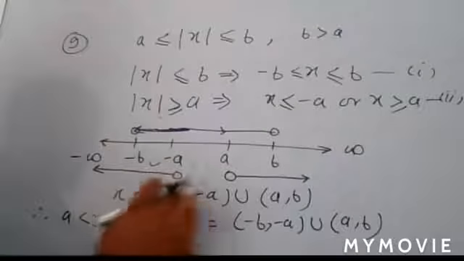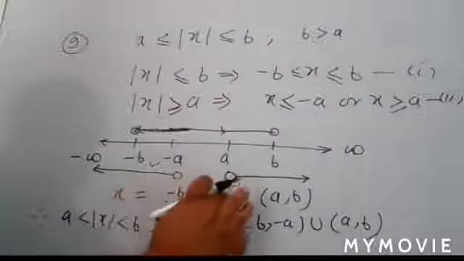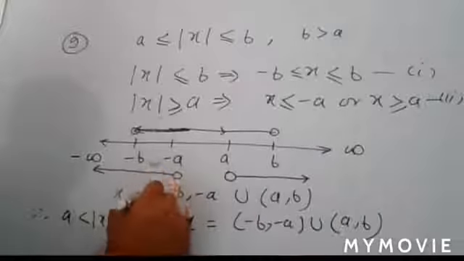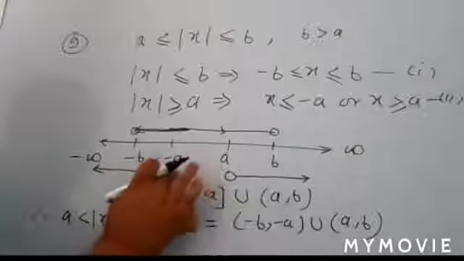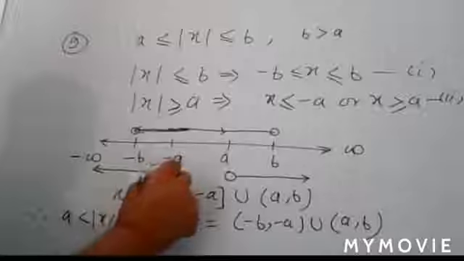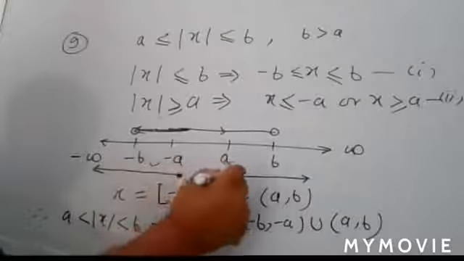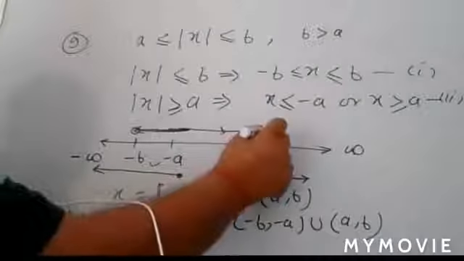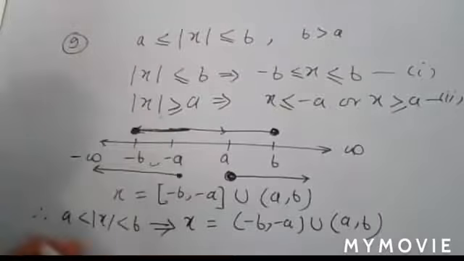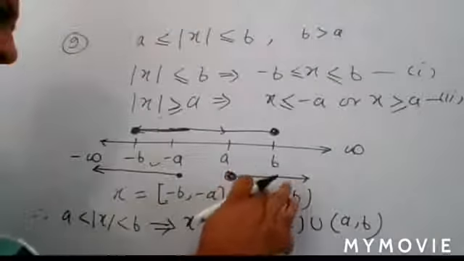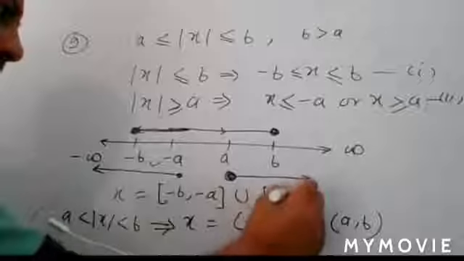Here you have a closed interval, and here you take dots. Dots are there, and here you have a closed interval.